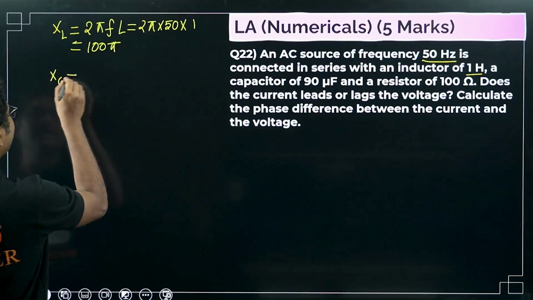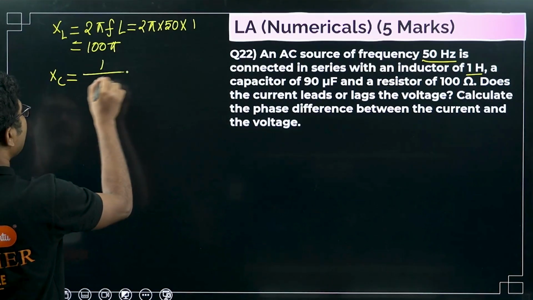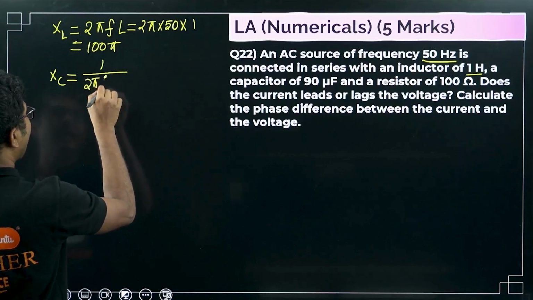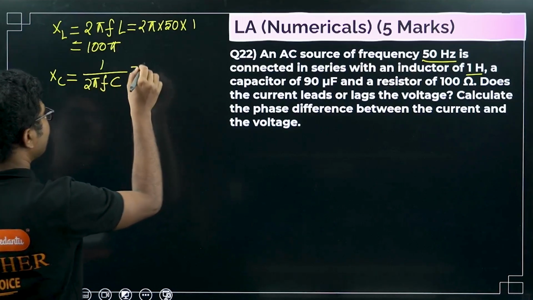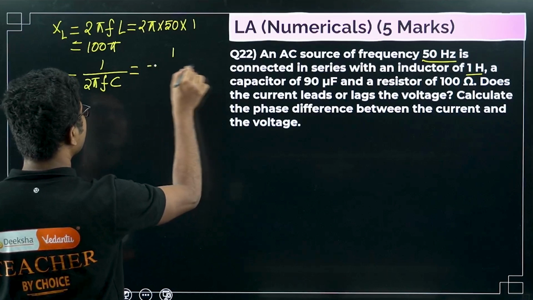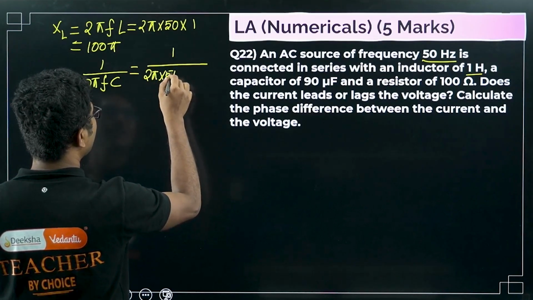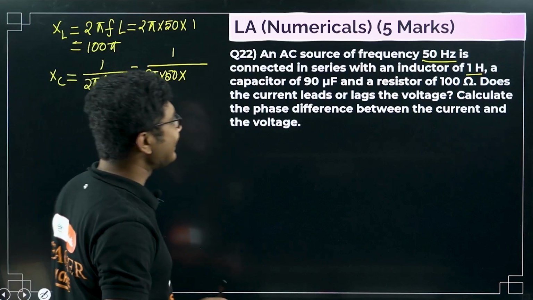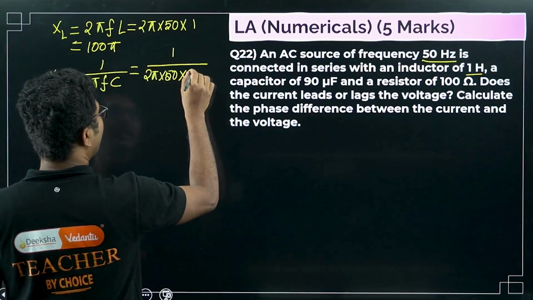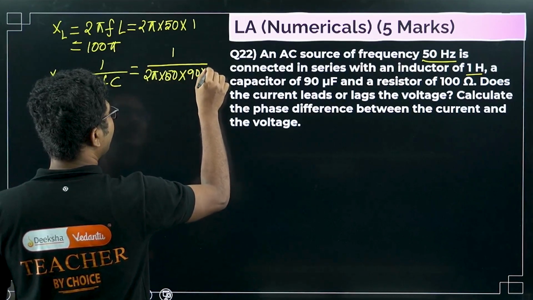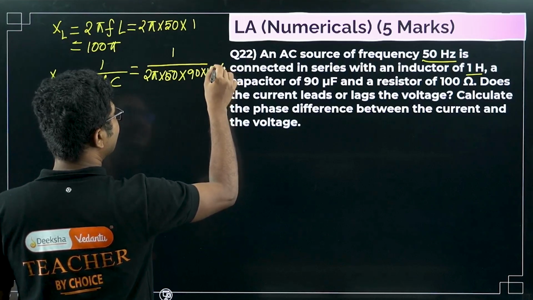What is XC? Calculate XC next. XC is 1 by 2 pi f C. So let's put the values. 1 by 2 pi, f is 50, and C is 90 microfarad, 90 times 10 to the power of minus 6.